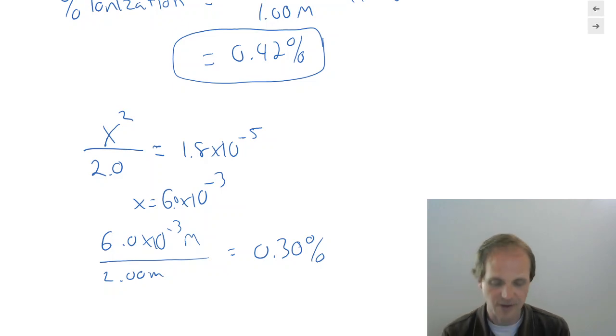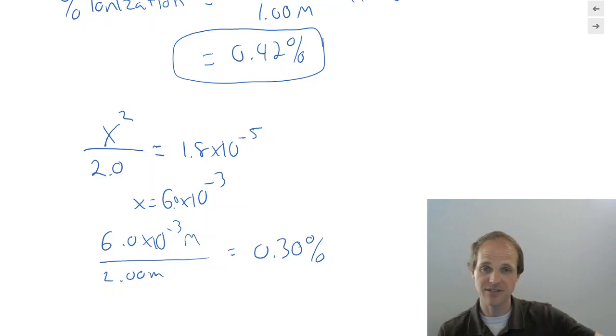Okay, so that's something to be aware of. As you add more and more acid, you don't actually get increasing percent ionization, you get decreasing percent ionization. One way to think about that is kind of a Le Chatelier's thing. To get to 1 molar, I put in a bunch of extra H+, right, 0.42% of it dissociated.